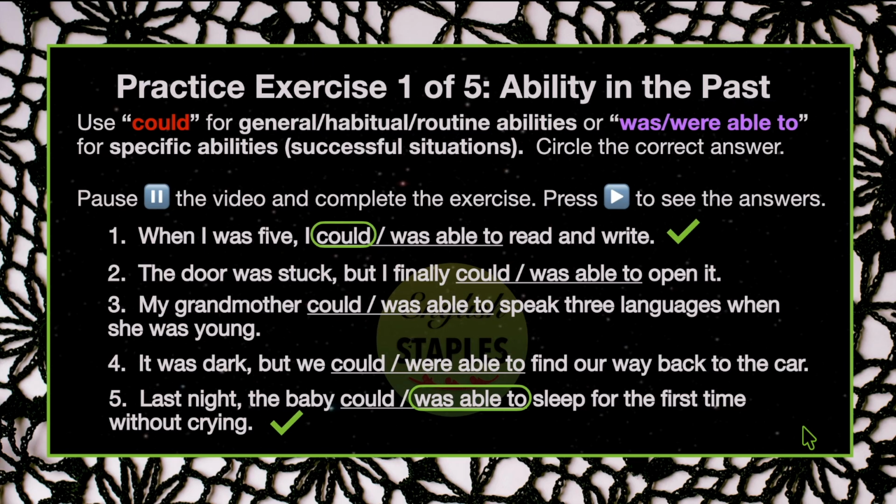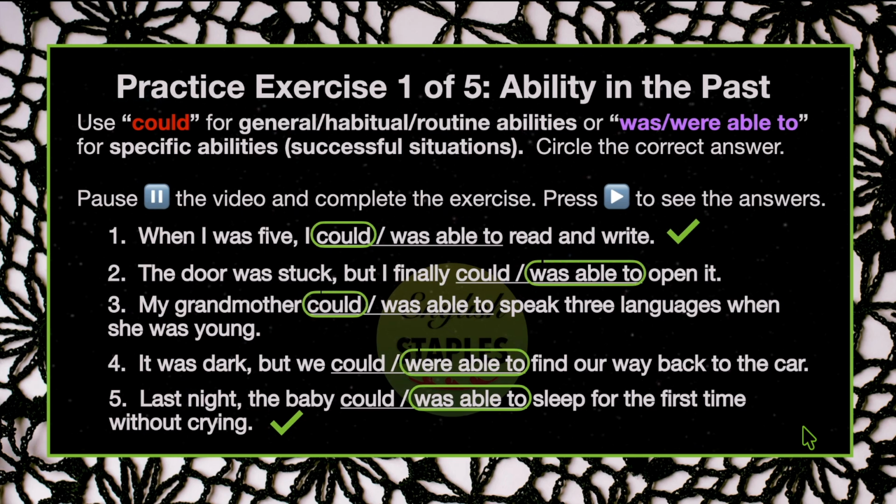The baby slept for the first time without crying. It's a one-time thing. So it's a specific ability. Now you can pause the video and complete the rest. When you're finished, press play to see the answers. Here are the answers. Did you get them right?